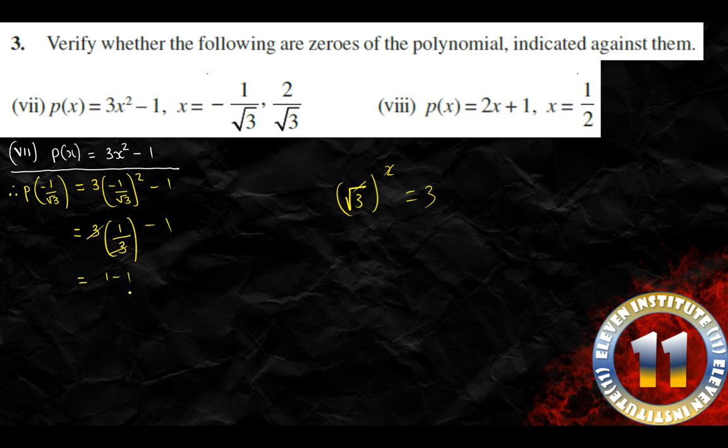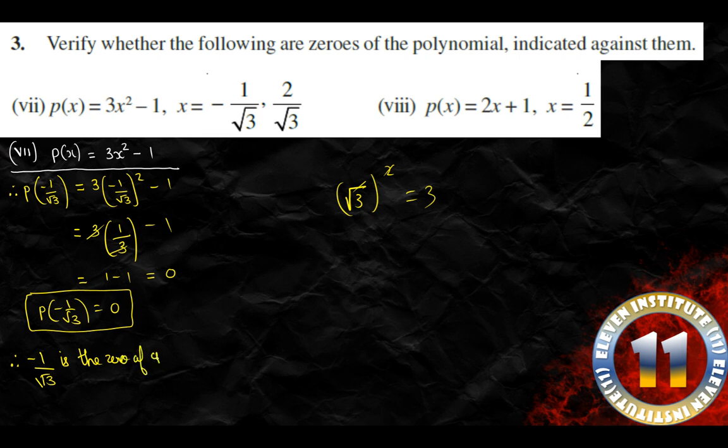So here we have 1 minus 1 and 1 minus 1 gives us 0. So P of minus 1 upon root 3 is equal to 0. So again we get the answer 0 over here. So we can write therefore minus 1 upon root 3 is the 0 of given polynomial with variable x.